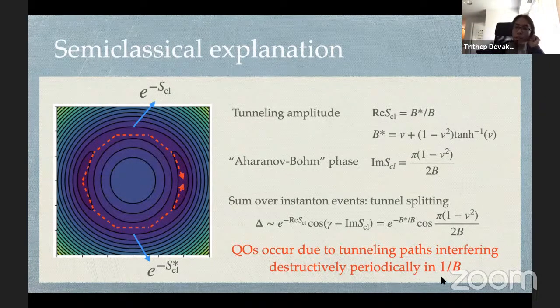And this happens periodically in 1 over B. It's like the double slit experiment. You start here, you go up here, but if you also go down there, these two paths can interfere completely destructively, and you end up with no tunneling at all. And that's the picture for what's going on and what's leading to these oscillations. Great.